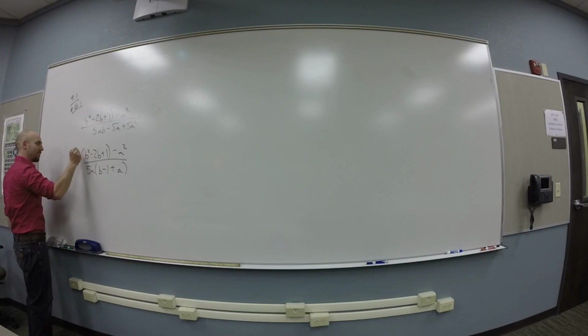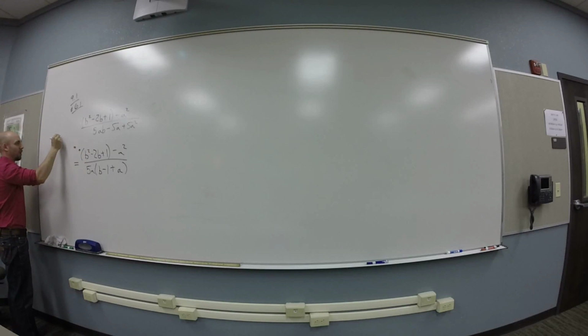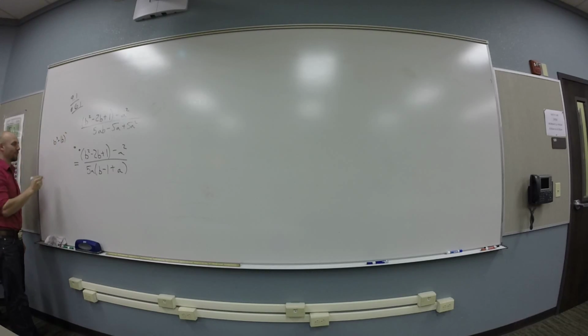Let's see. So on this, I'm thinking B squared is B squared, right? 1 is 1 squared, and the middle is 2B, twice B times 1.